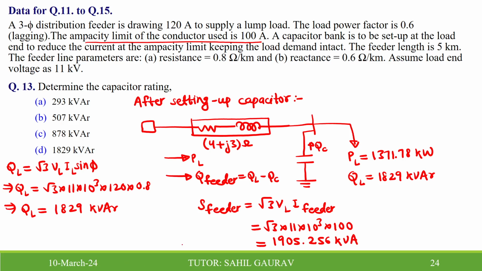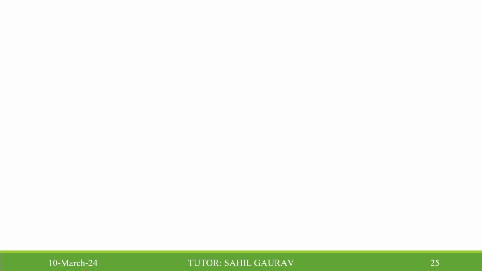We know the apparent power of the feeder and we know this PL. So with the help of the power triangle, we can find the reactive power supplied by the feeder to the load.